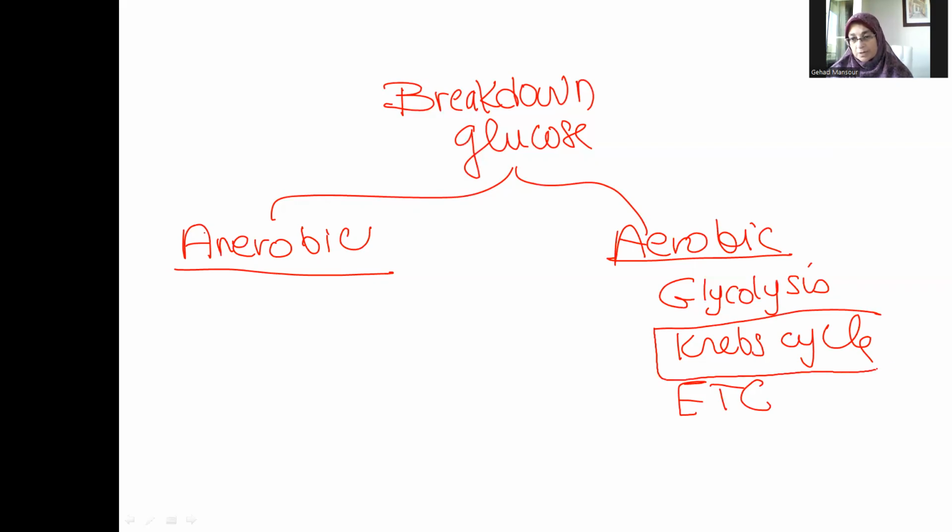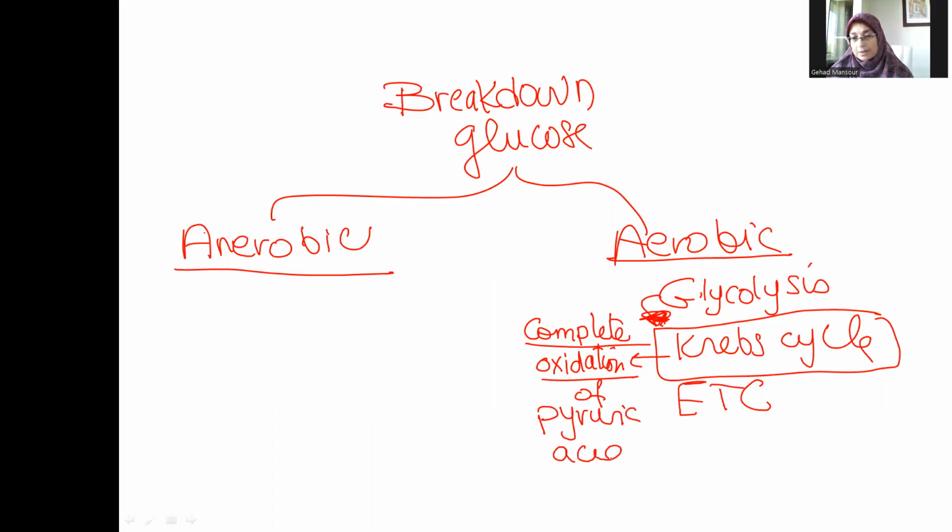In Krebs cycle, what happened to the pyruvate of glycolysis is oxidation. So glycolysis led to Krebs cycle, and the major event in Krebs cycle was complete oxidation of pyruvic acid, which resulted from glycolysis. In anaerobic, we also start by glycolysis.